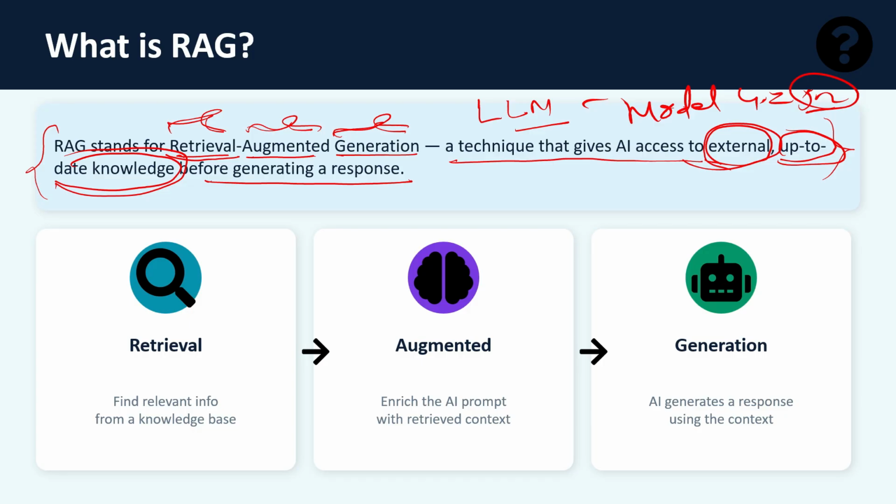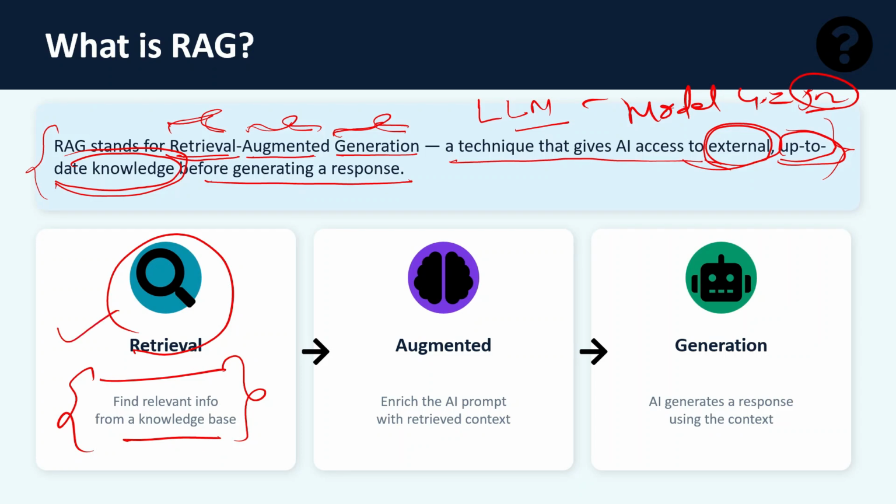So now, what is the purpose of RAG? First is retrieval. That means finding relevant info from a knowledge base. For example, you have given your RAG access to your organization's PDF files. It will retrieve the relevant documents from the knowledge base, and then it will augment, that is, enrich the AI prompt with the retrieved context.